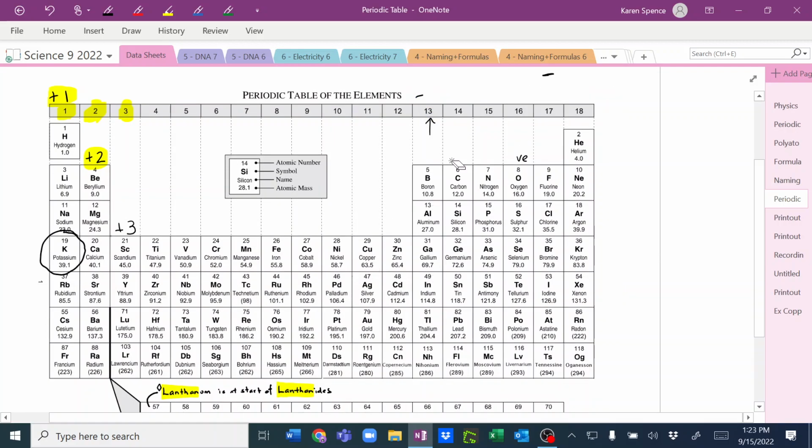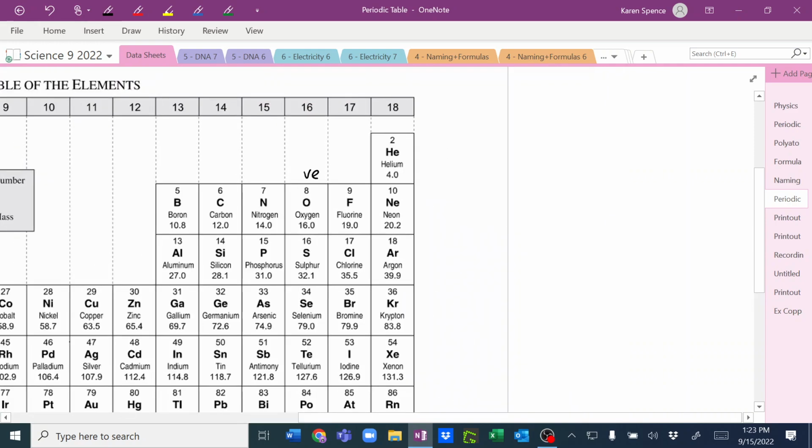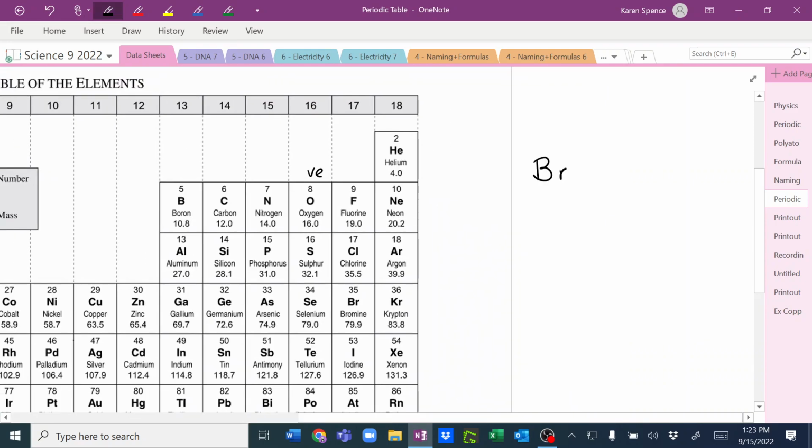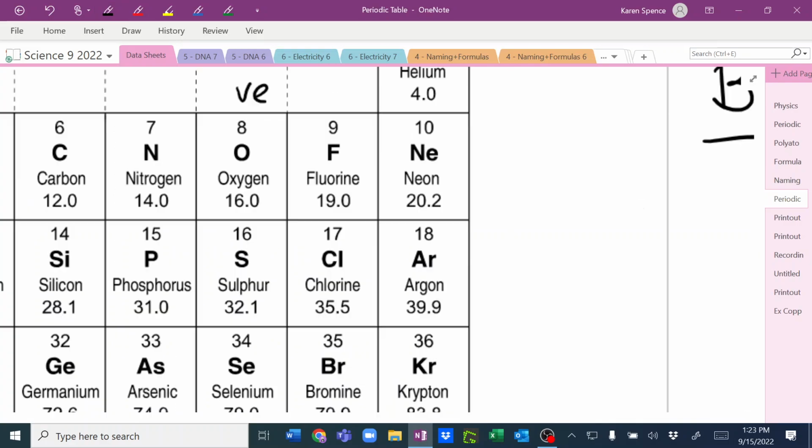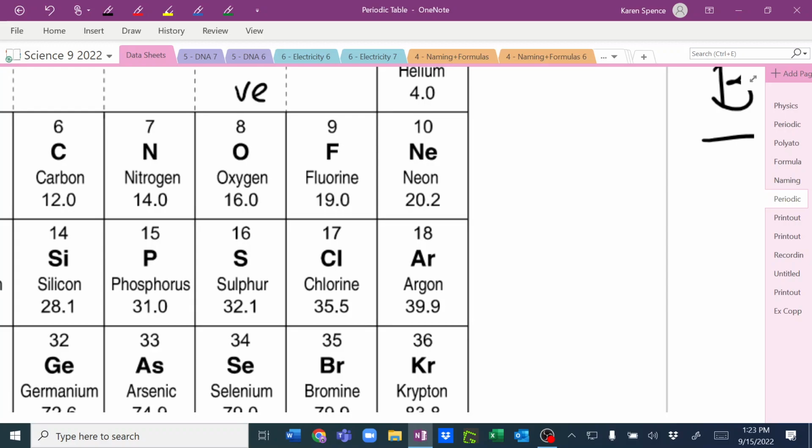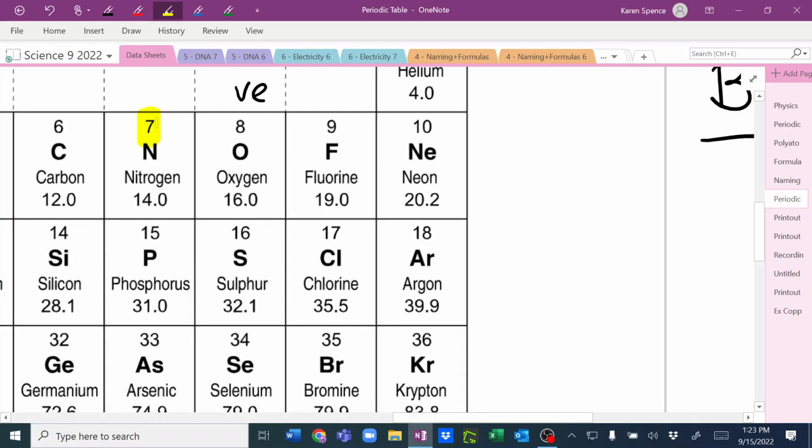Now, if we look at Brinkelhoff, how many elements are there in that? 1, 2, 3, 4, 5, 6, 7. Yes? So we're going to go to element number 7 on the periodic table. Yes? There it is right there.